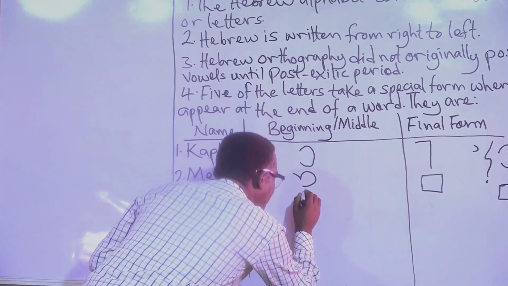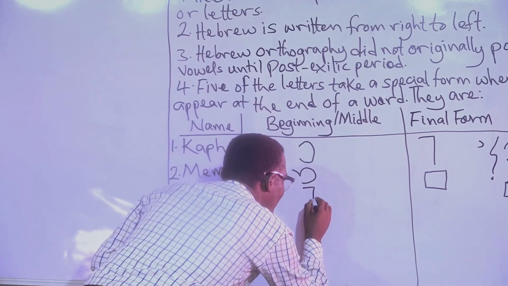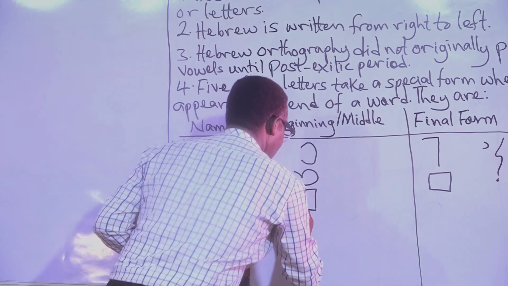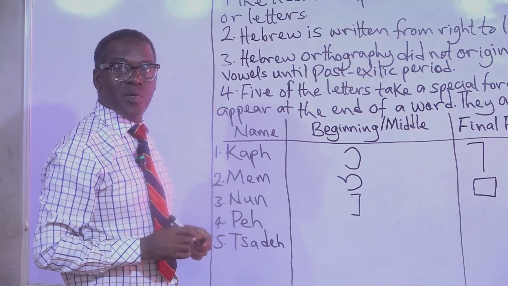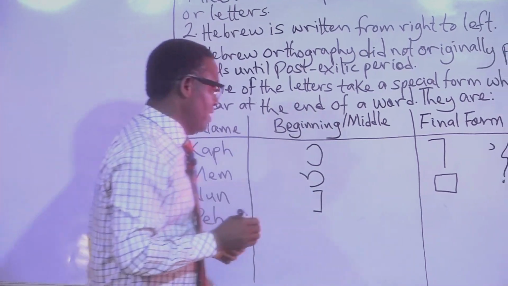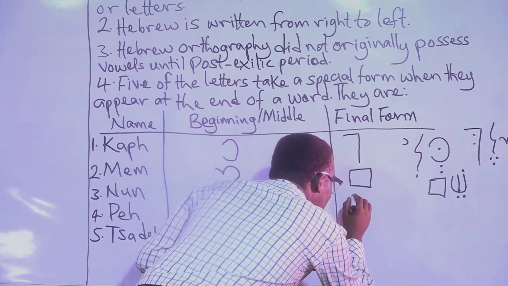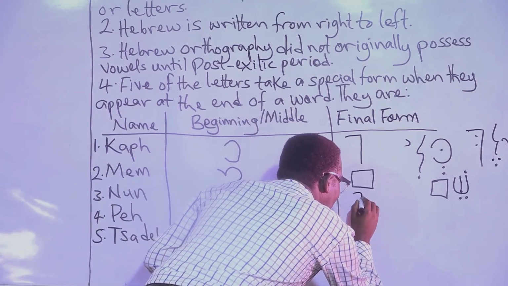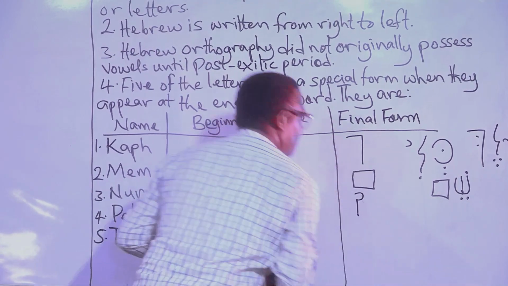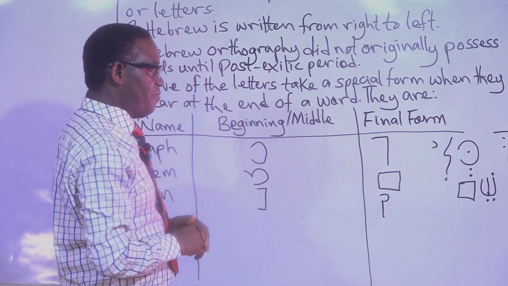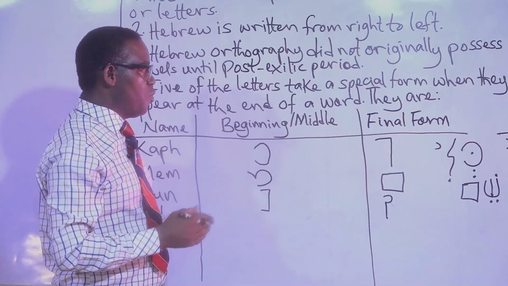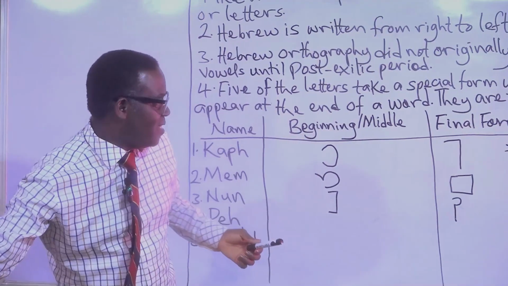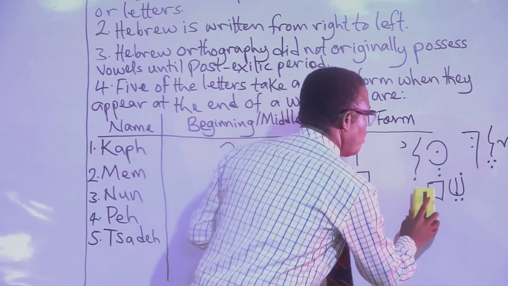The next one is nun. The normal form is this form. But when it ends a word, it takes this form. Then we look at a word to explain the two of them.